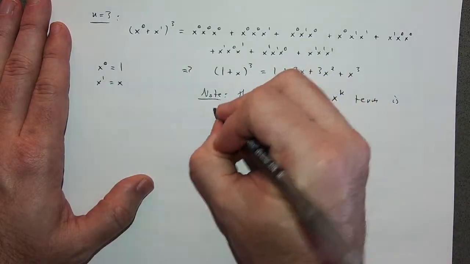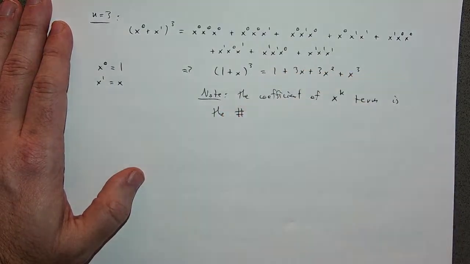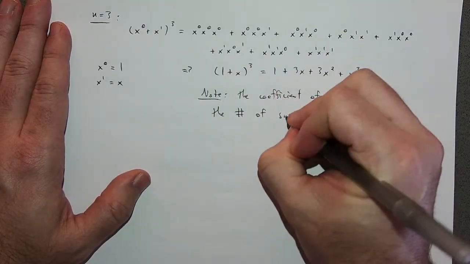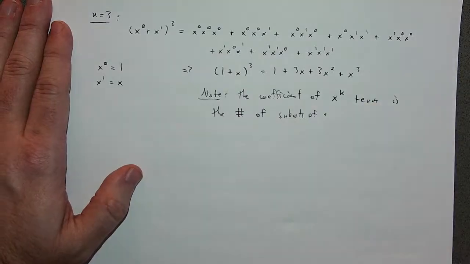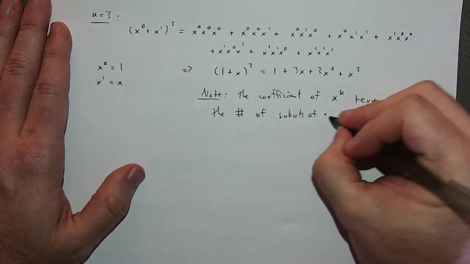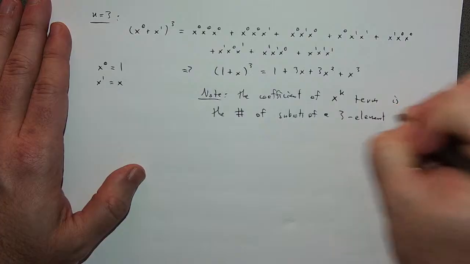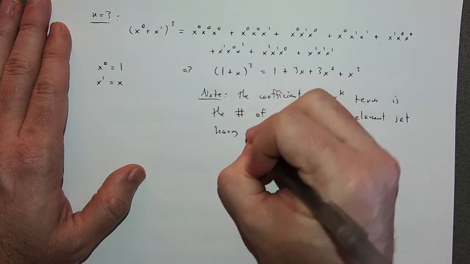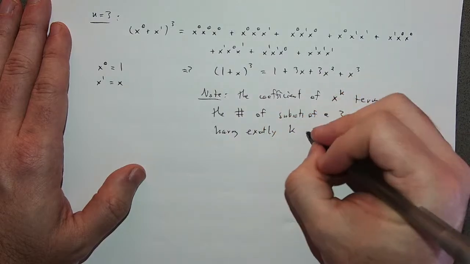It is the number of subsets of a 3-element set having exactly k items. Having exactly k elements.